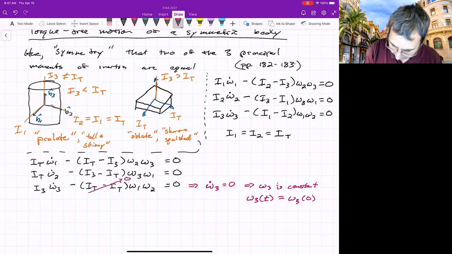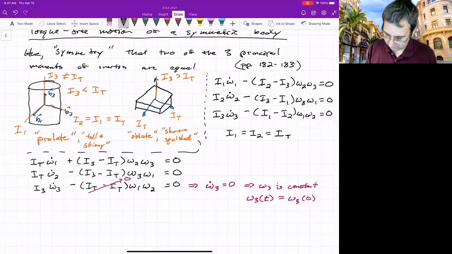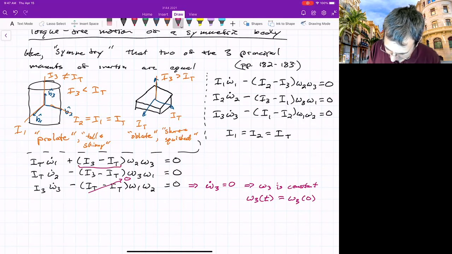Well, if I rearrange and flip the sign, this is plus I_3 minus I_T. So maybe I should define something related to I_3 minus I_T and omega 3, which I now know is constant. The same thing is here, I_3 minus I_T omega 3.